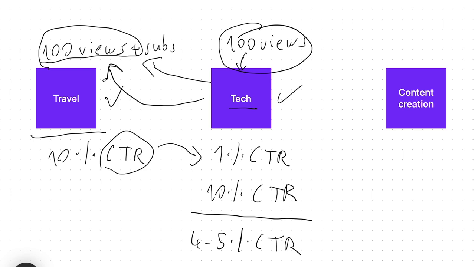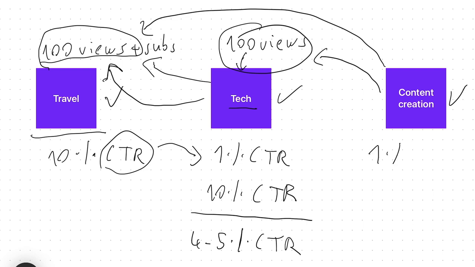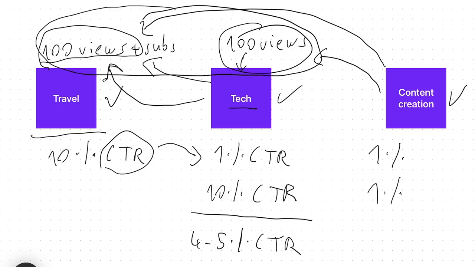That doesn't matter. You go and try another topic and you post a video about content creation. This time, the algorithm shows your content to these people and to these people as well. And now guess what happens? They don't show interest. Your click-through rate will drop even further. 200 views, 200 people, okay?